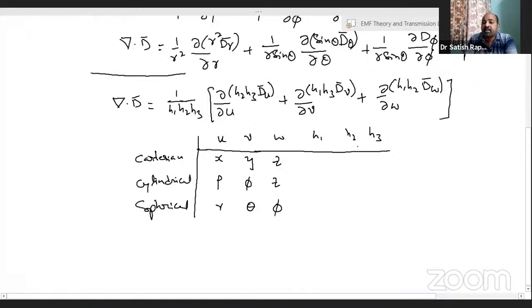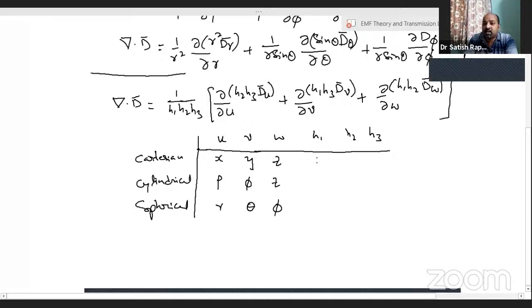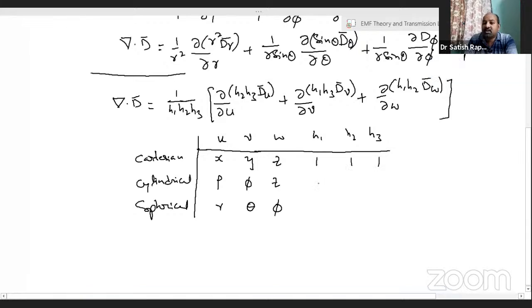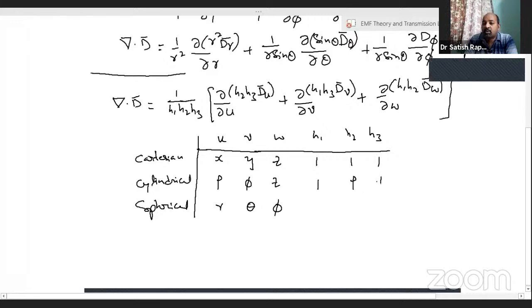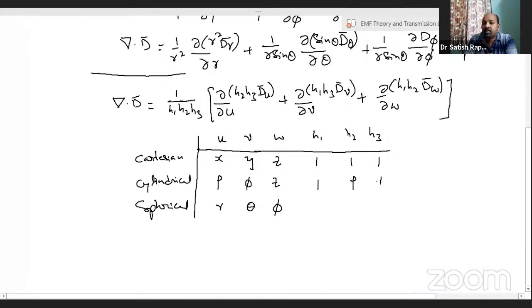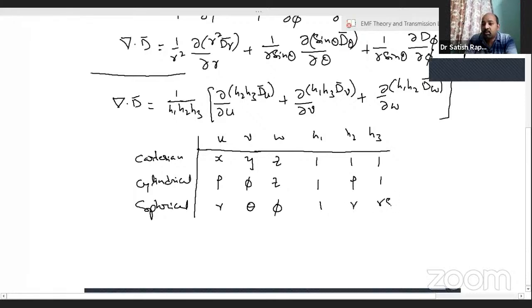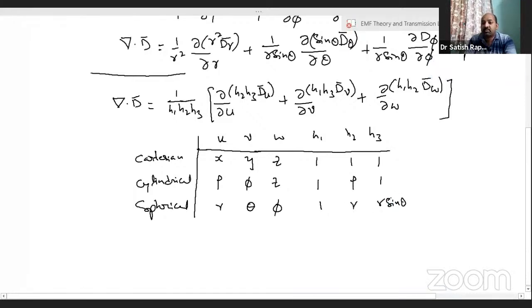And h1, h2, h3 for the Cartesian coordinate system are 1, 1, and 1. For the cylindrical coordinate system, 1, rho, 1. And for the spherical coordinate system, 1, r, r sin theta. That's it. You just remember this table, and that is enough.